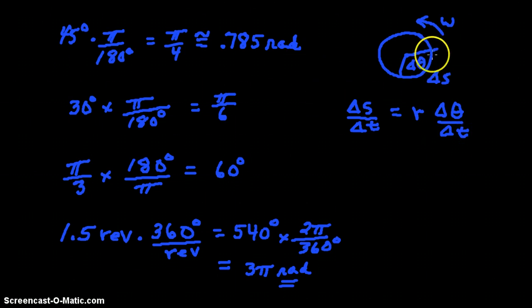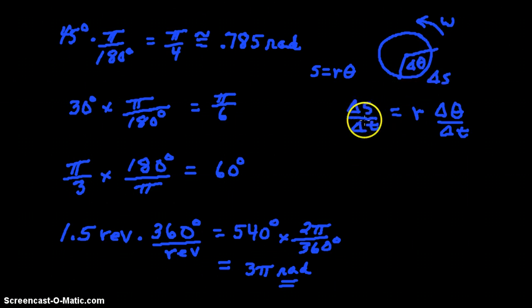So this is basically the formula s equals r theta. But this is rotating, so they say it goes through an angle delta theta in a time delta t. And during that same time, a point on the circle would have traveled the distance delta s.